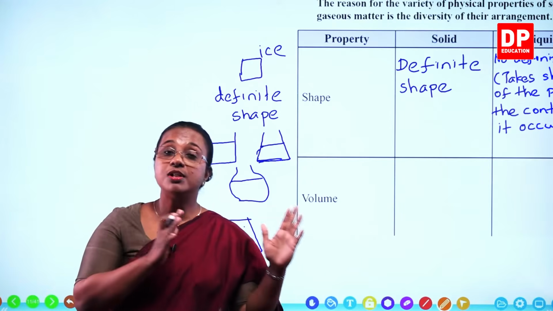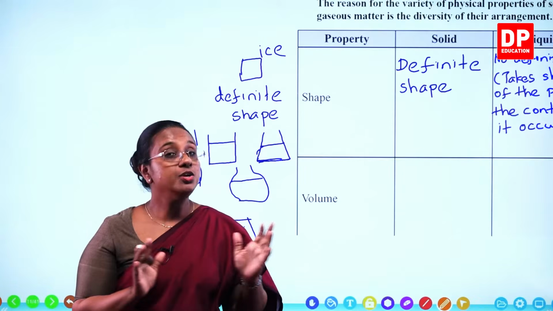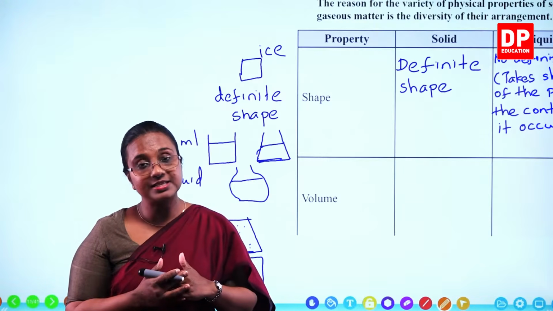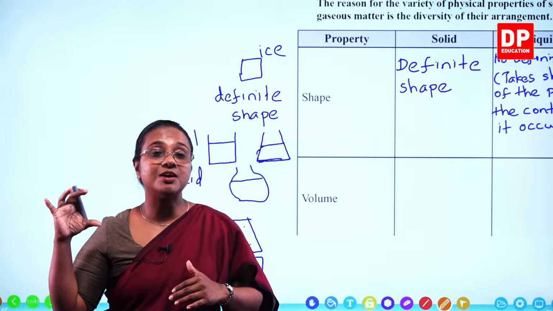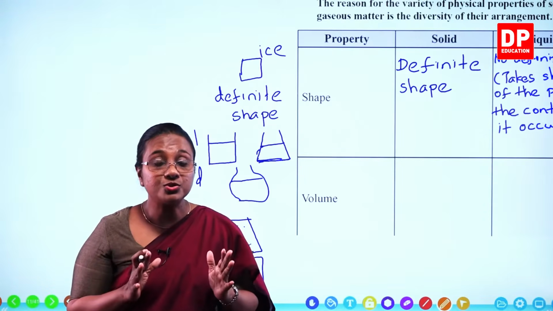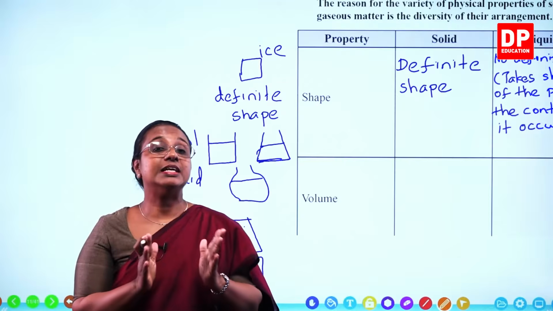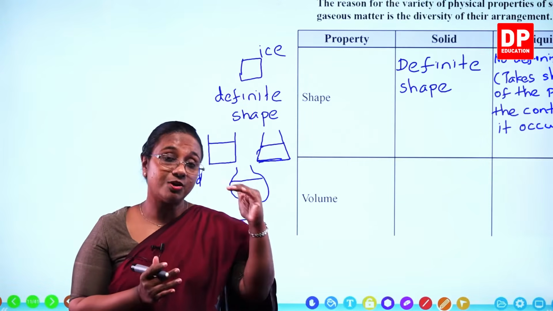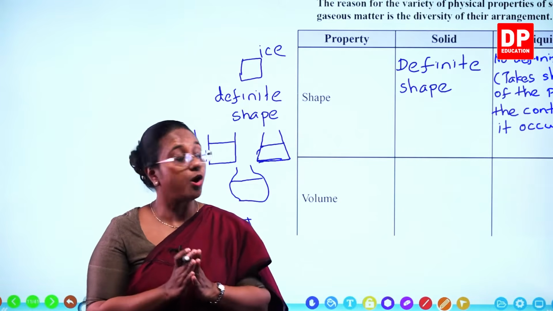Can you transfer all this water into that? No. You can only fill up to a certain extent, but still you will have some water remaining in the first bottle. So that shows the volume of water is fixed, but it can take the shape of the container, that also the part of the container that it occupies.